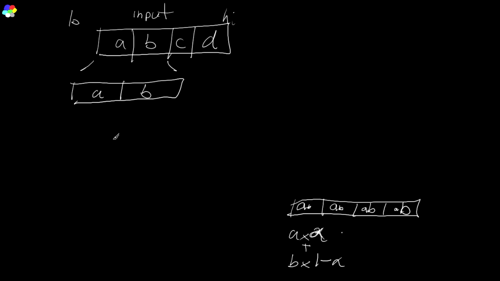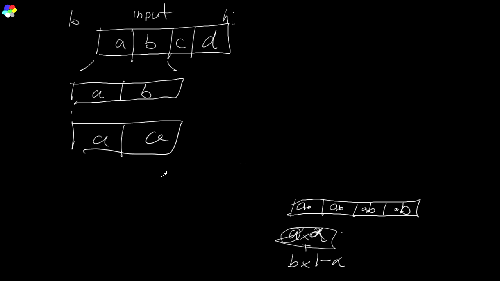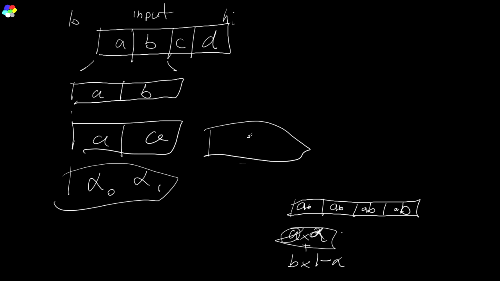So to do that, first we generate the A's, the A times alphas. So we duplicate this to AA, and we multiply by alpha 0, alpha 1. And then we do the same thing here, duplicate AA, multiply by alpha 2, alpha 3.